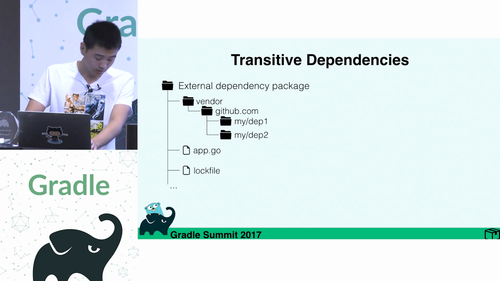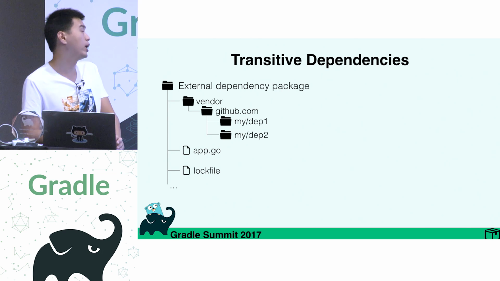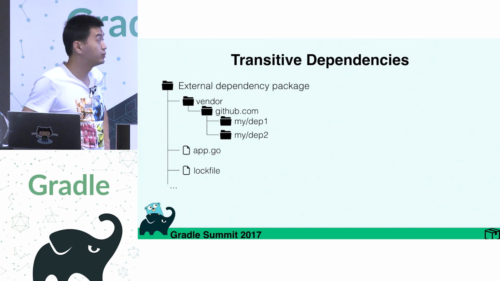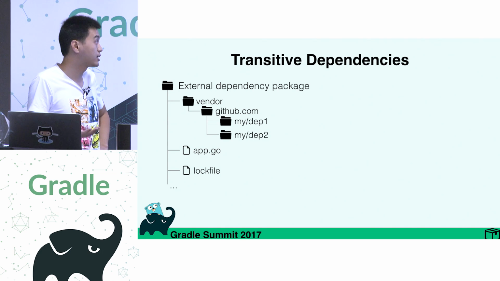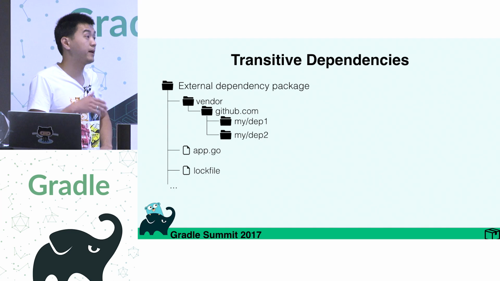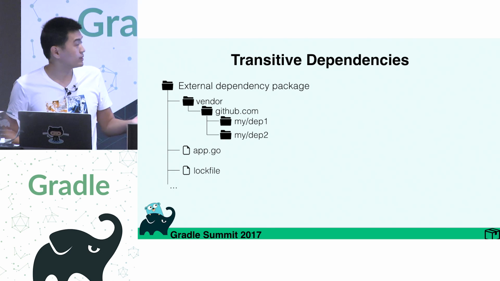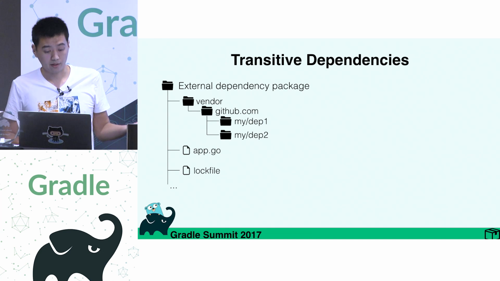And how does Gogradle get transitive dependencies? We all know that a good tool should do as much as possible to free the user from tedious work. So you should declare the packages you need and let Gogradle handle all the other stuff. But in Go, there's no pom.xml.